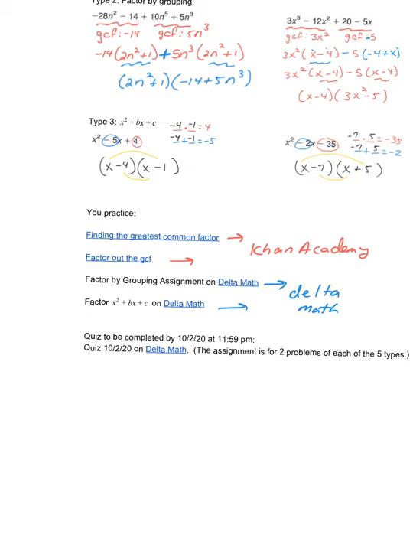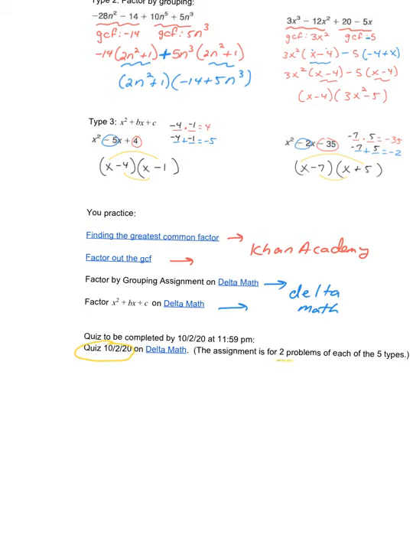Once you feel comfortable with this concept, there is a quiz to be completed by 11:59 p.m. tonight. That quiz is on Delta Math, and you'll see the title of it, Quiz 10-20. Remember, with Delta Math, it keeps going until you go on to the next skill.